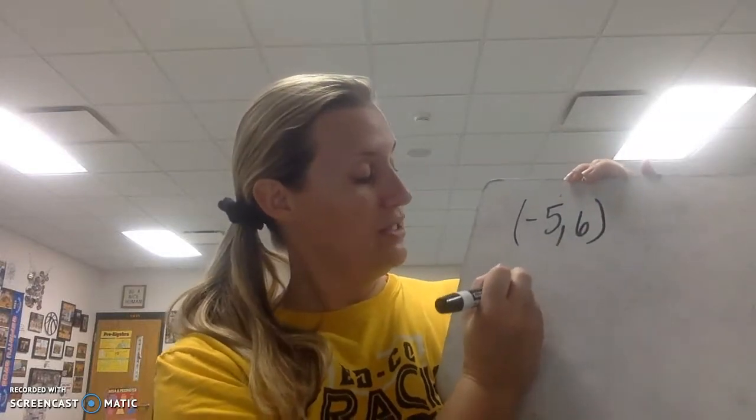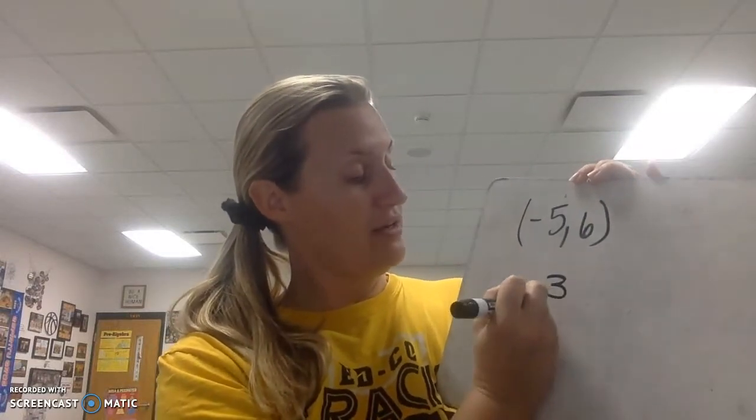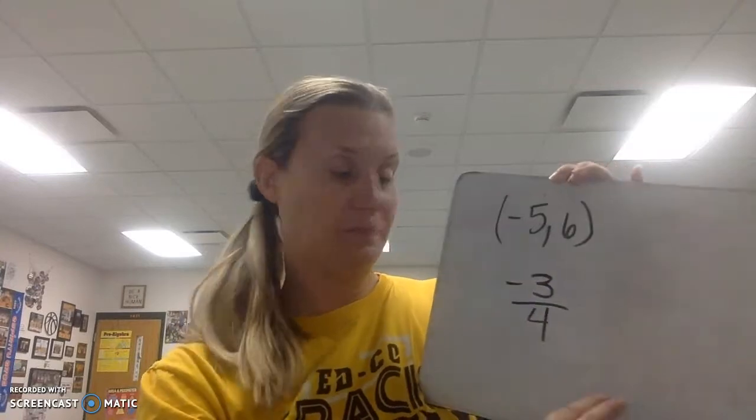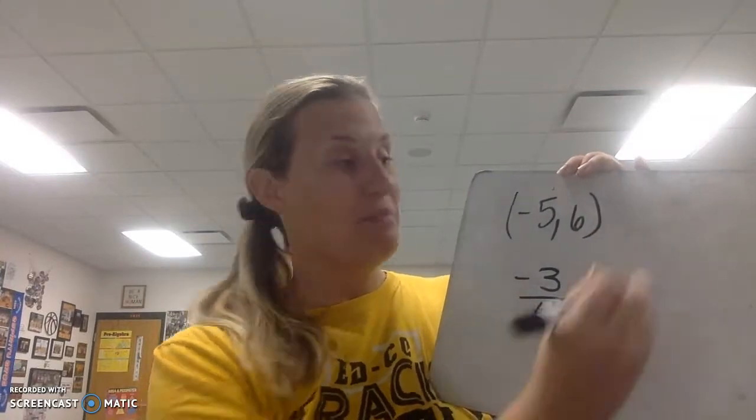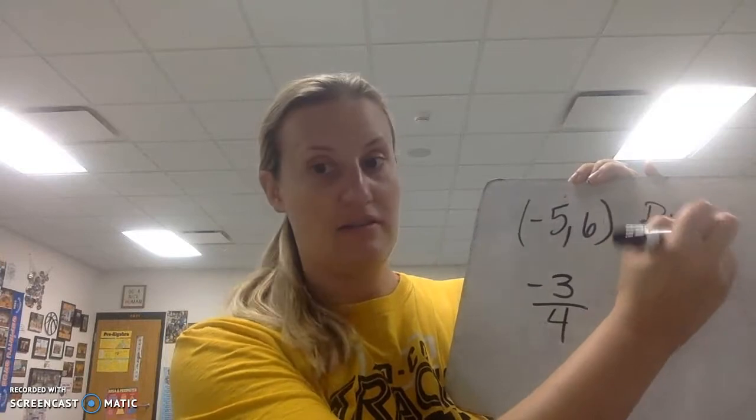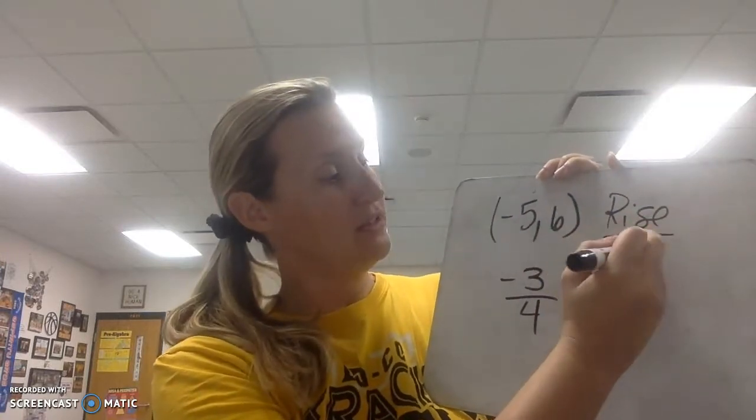So let's try another one. Okay, so let's say I'm starting at the point -5, 6. Okay, and my slope is -3 over 4. Okay, so again, remember it is rise over run.